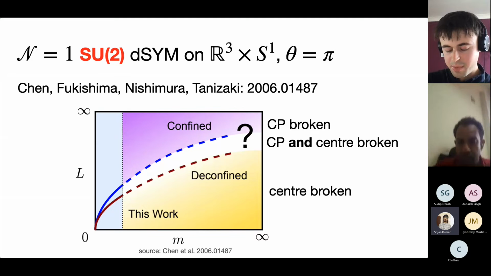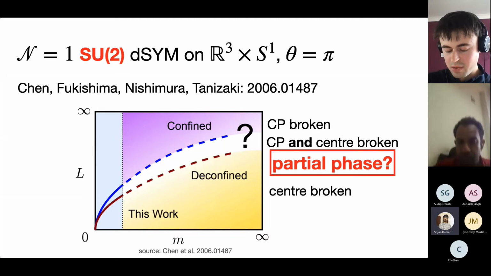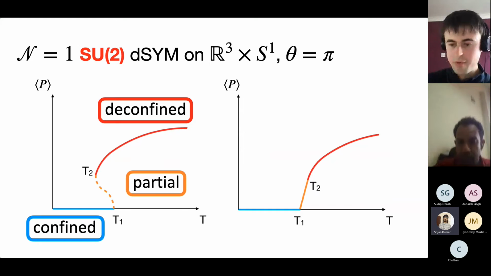But our suggestion would be that it's related to the partial phase, because it has the same global symmetry breaking pattern. But the difference being that for all other values of n, you get an unstable saddle, but for SU2 it looks like this, and that's the difference.